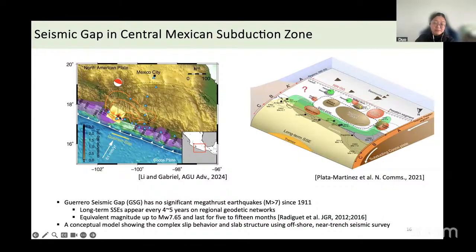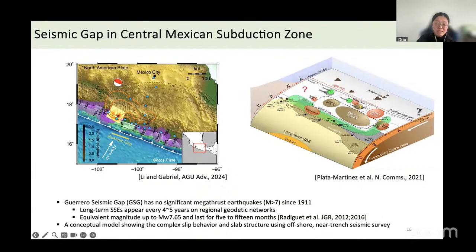During this slow slip, an earthquake happened just next to the area of slow slip. The color from yellow to red shows the distribution of co-seismic slip, and this beach ball is the focal mechanism of this earthquake. That is the background of our second work.